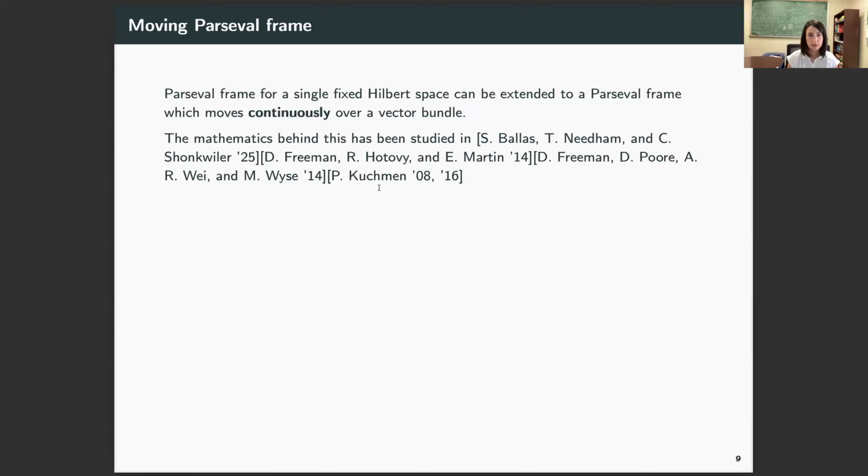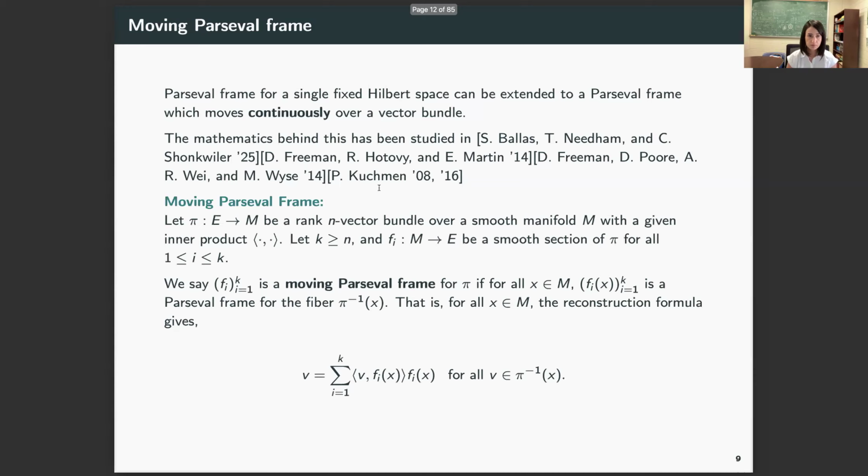And I'm going to define what a moving Parseval frame is. I'm calling these Fi's my moving Parseval frame when I'm looking at K smooth sections over my vector bundle, and for any x that I take on my manifold M, Fi of x is a Parseval frame for the fiber, pi inverse of x.